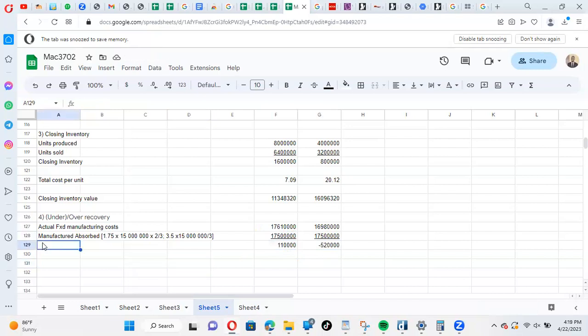So if our actual there is bigger than our manufactured, what does it mean? It means we under absorbed. So let's just say under and over in the same way. Which one is the expense?